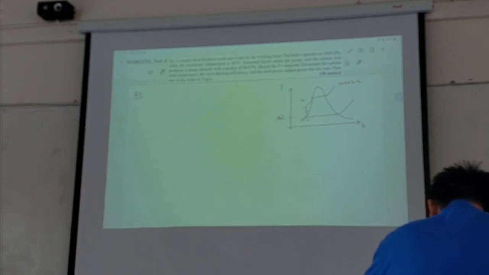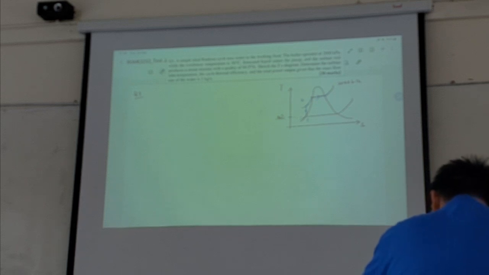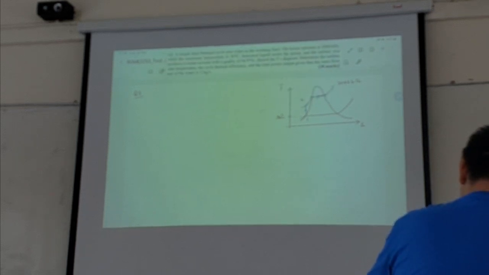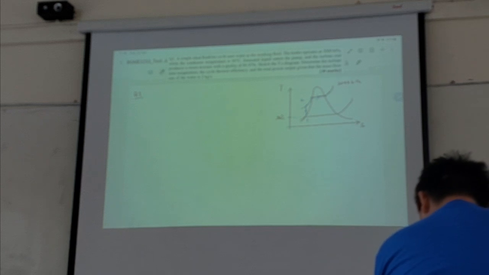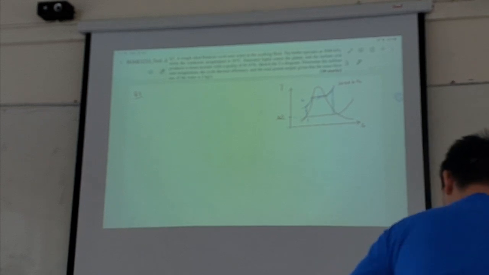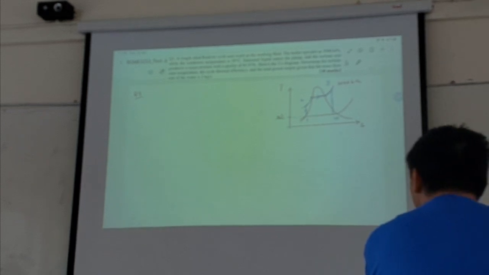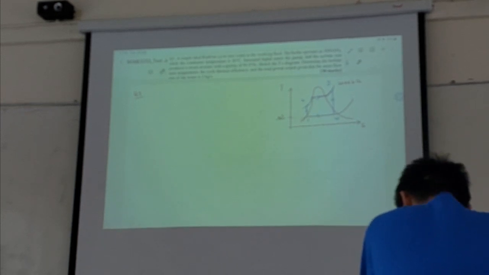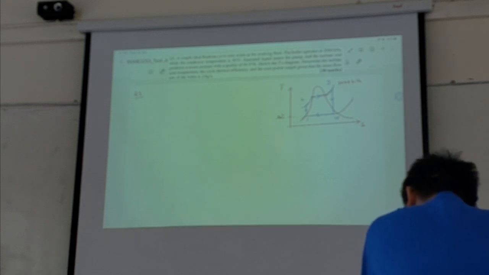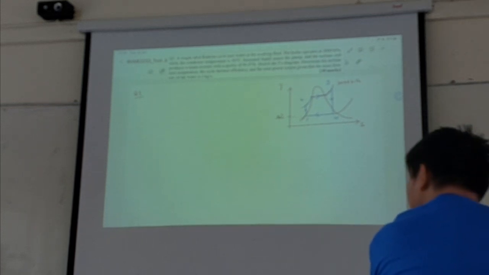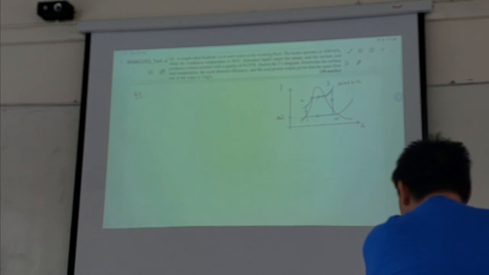So 1, 2, so 1 is saturated liquid. So 3, 4. This is an ideal cycle, so we should just show something like this. Now, always bear in mind, 1 to 2 and 3 to 4 are isentropic processes for ideal.